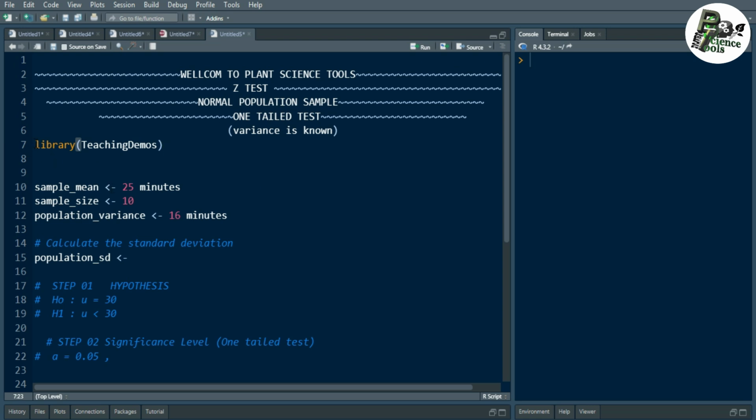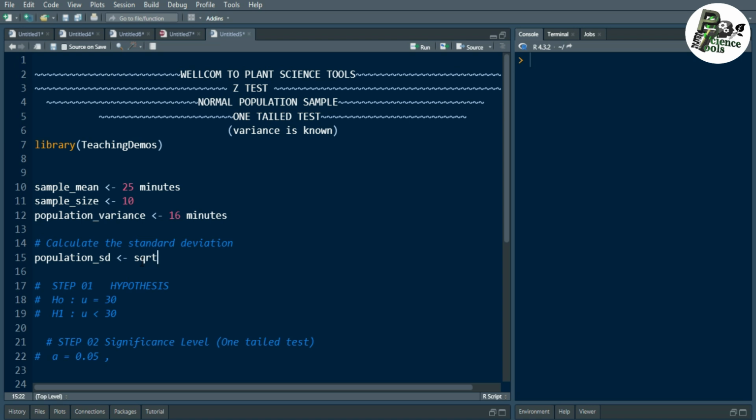In this question we will use the library teaching demos. This is our given data, and in this case we need to calculate the standard deviation. Because the variance is given, in order to calculate the standard deviation we need a function: the square root of the variance is the standard deviation.